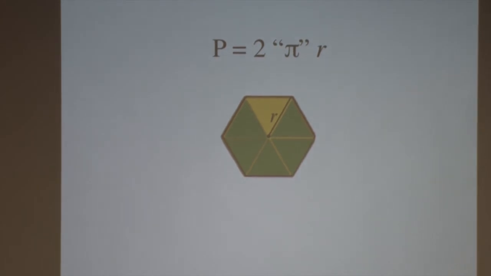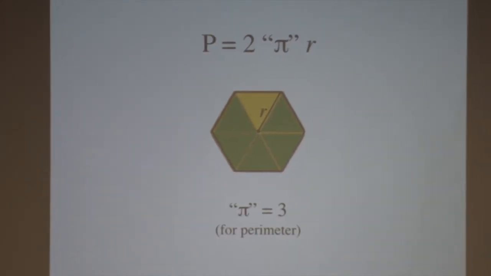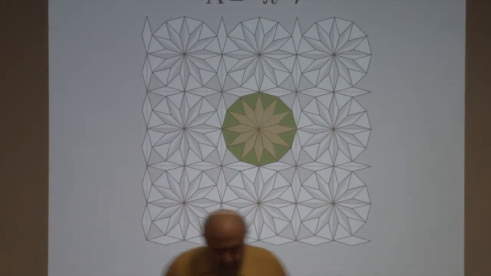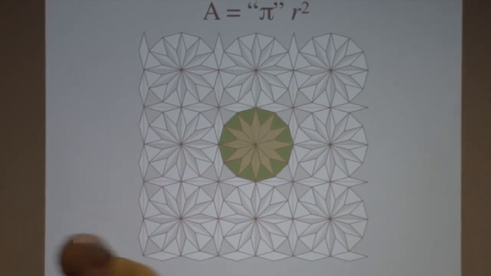Okay, but now watch this. This is only for perimeter. We're not going to do the area one. But now watch this. This is the shape that we've seen a few times today. And we're going to do an area pi for the dodecagon. I'm going to give you a picture that will help you think about it.